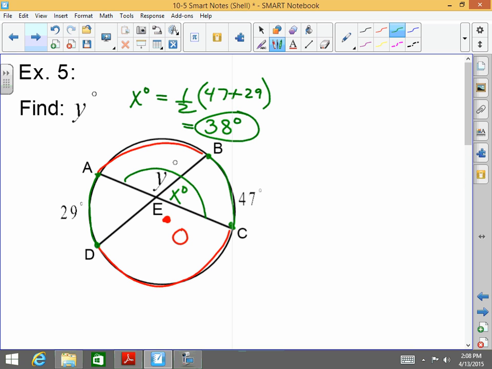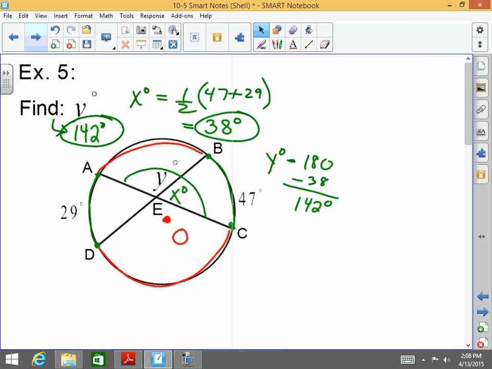But what is angle Y? Angle Y is going to equal 180 minus 38, which would be 142 degrees. So the measure of angle Y is 142 degrees.